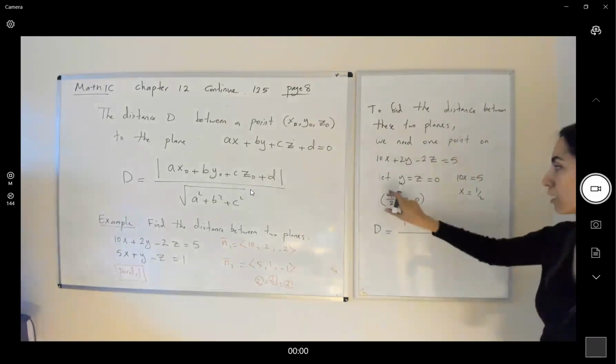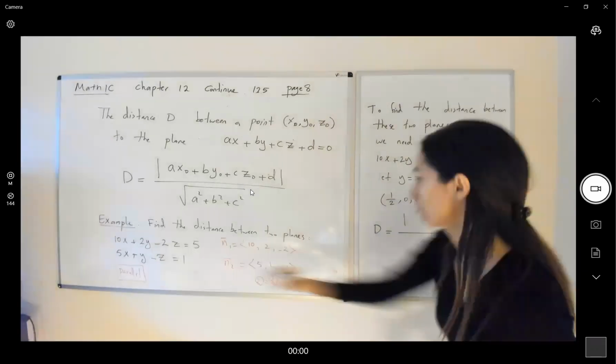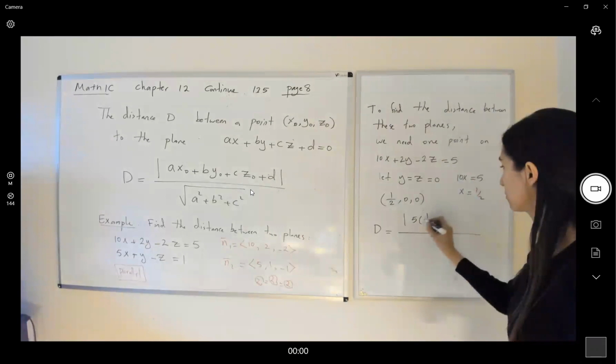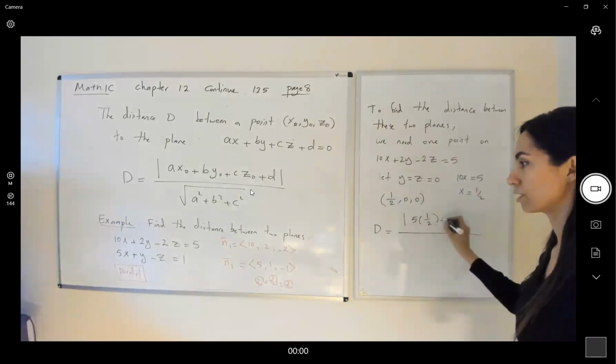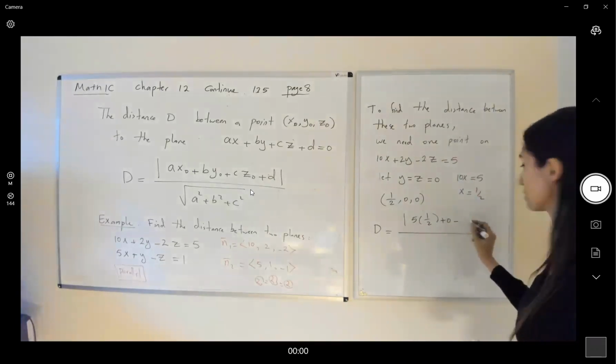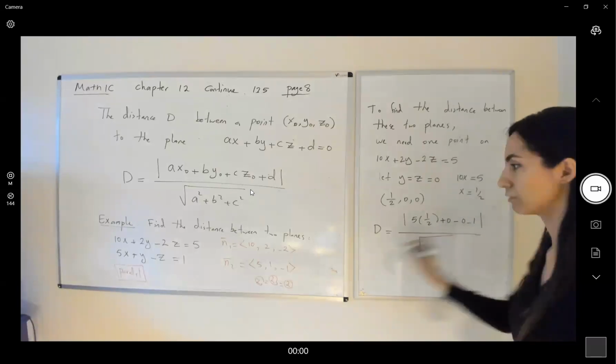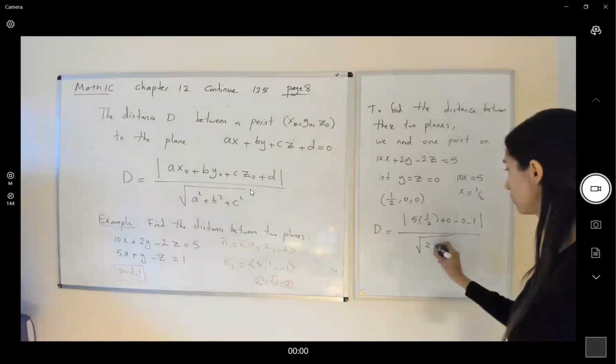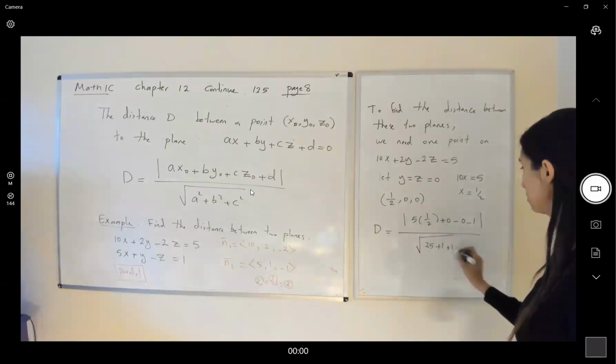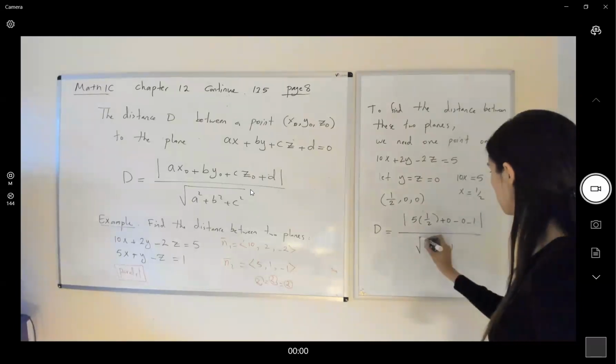So a half, 5 times a half, plus 0, minus 0, minus 1, divided by the square root of 25 (the magnitude) plus 1, plus 1.